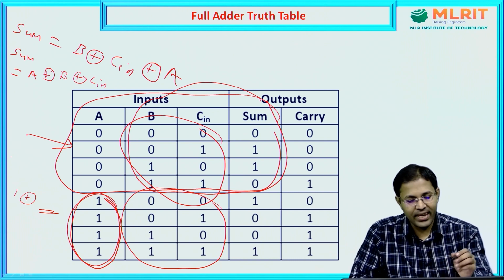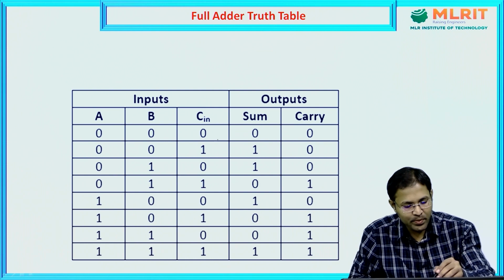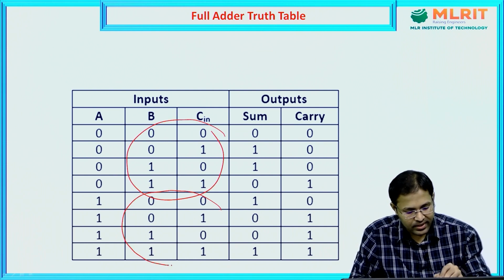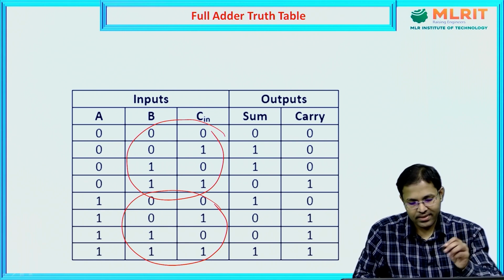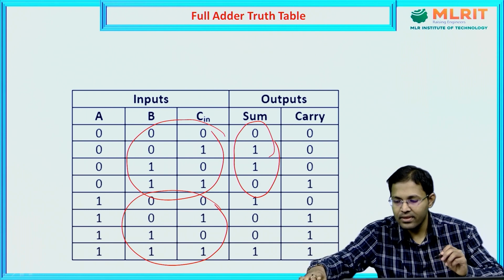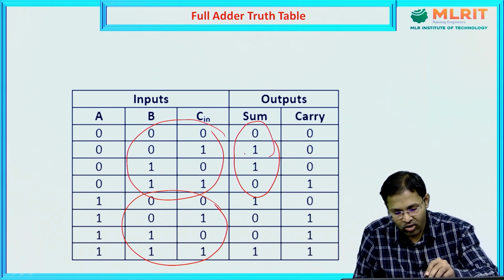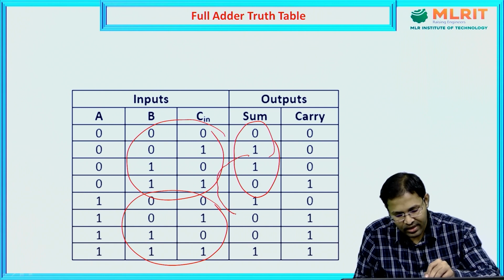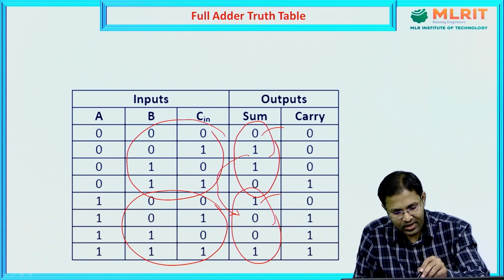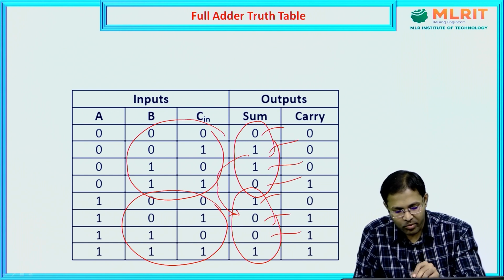We have seen that this part and this part are the same, right. Now, let us observe this part. If you take the complement of all these, are we getting this? For 0 complement 1, 1 complement 0, 1 complement 0, 0 complement 1, are we getting it?